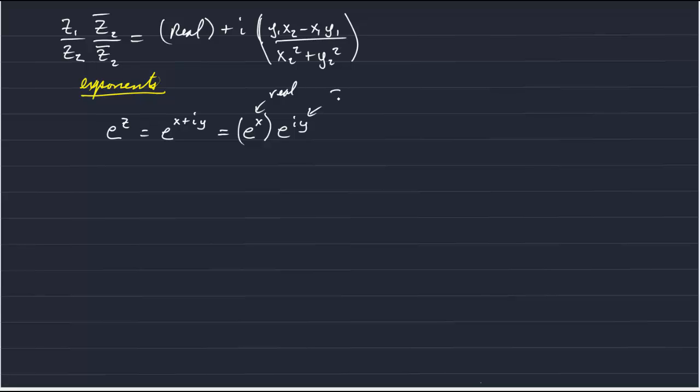And so we now need to define what e to the i y is. One way that we can explore how to interpret this is to express e to the i y as a Taylor series expansion.